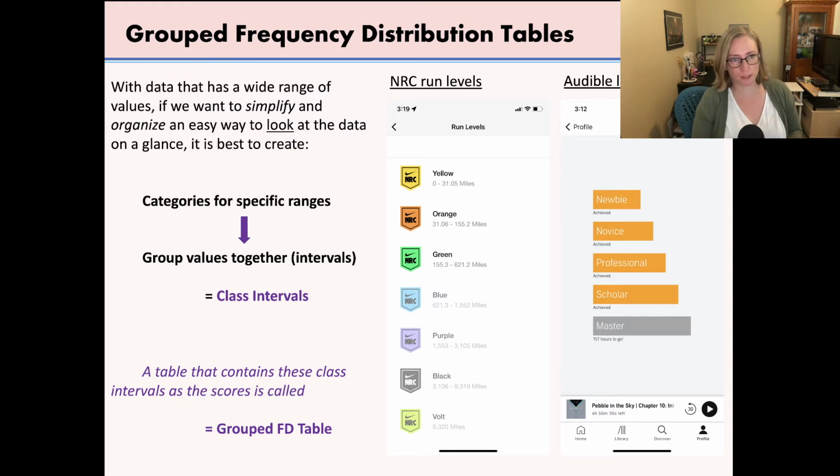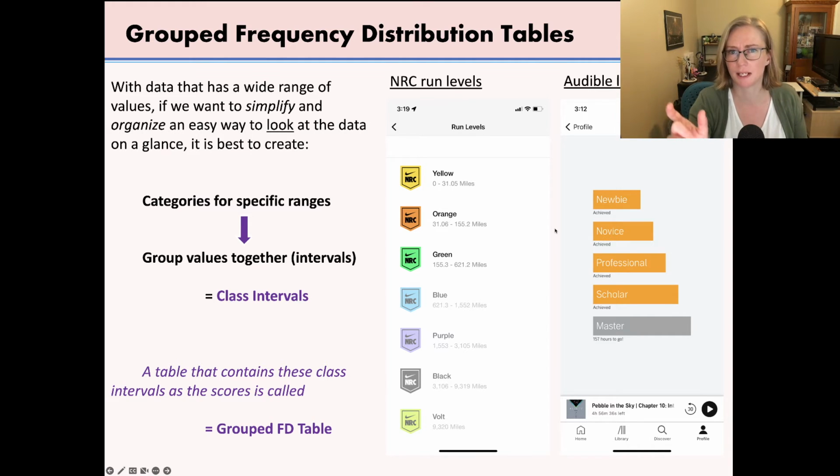So basically grouping like this, when you have data with a wide range of values, right? It's not going to be realistic to show the frequency for every single value, so instead you make ranges or categories. Categories for specific ranges, you group them together into intervals, and we call these class intervals. On these apps, you can call these class intervals.